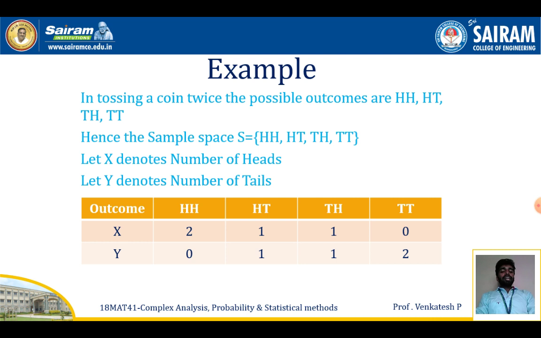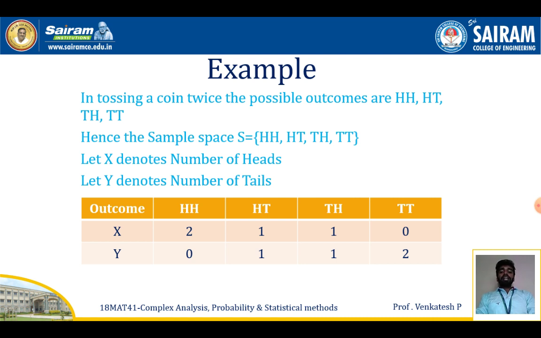Similarly for head tail and tail head, both outcomes contain one head only, so I can assign the number 1 for the random variable X. The last one is tail tail. Here there are no heads at all, so I can assign the number 0 for the random variable X.